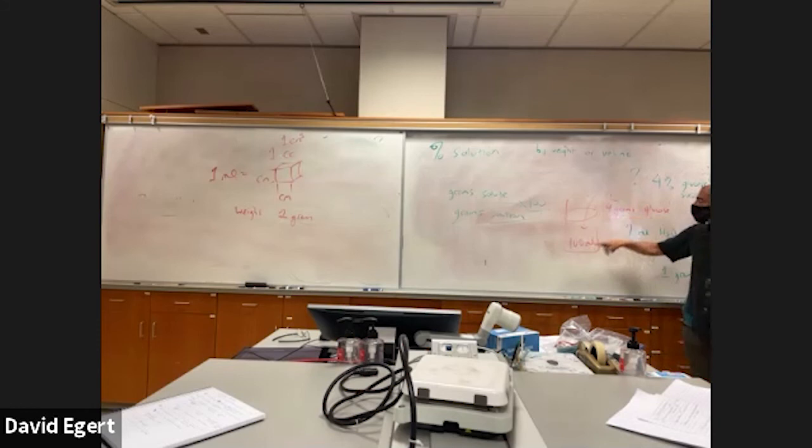Because 4 divided by 100 is 4%, and because this 100 mils is 100 grams. Obviously not quite, because adding the 4 grams is going to change the weight slightly.